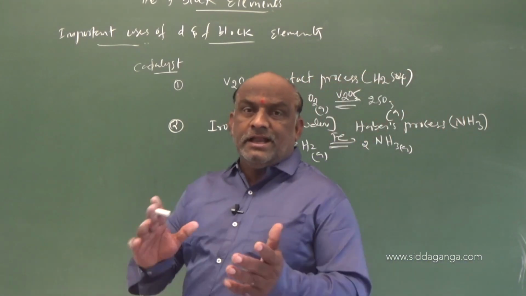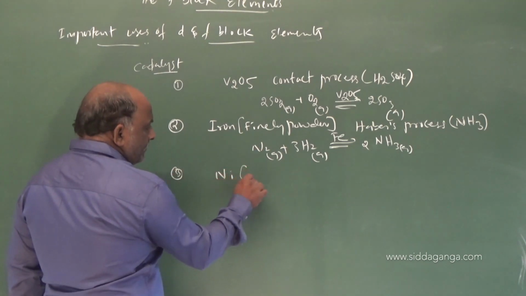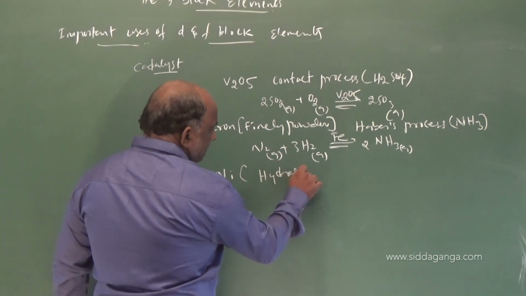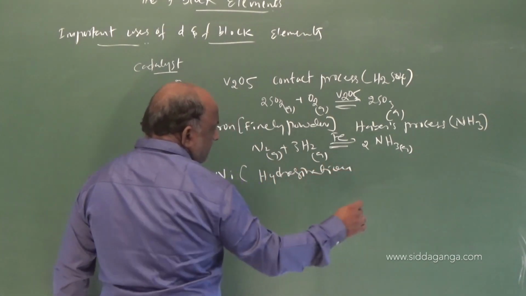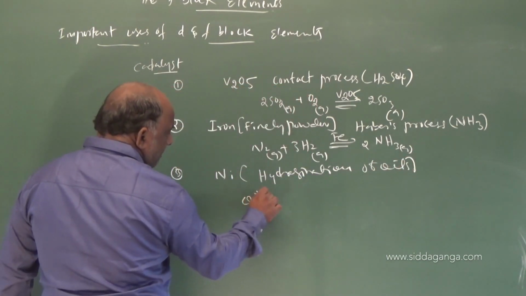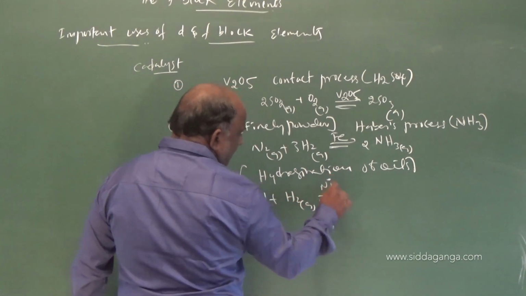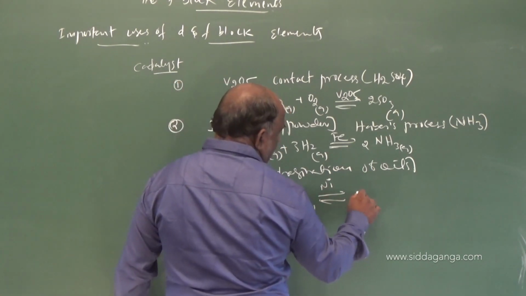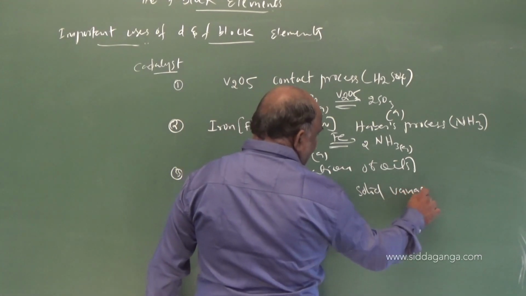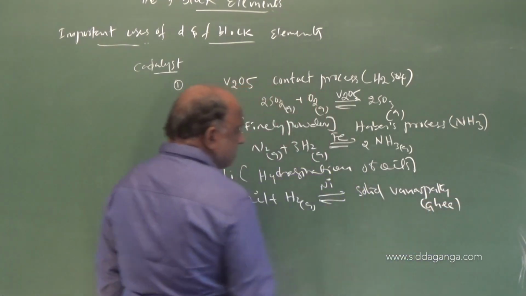Number 3 is nickel. Hydrogenation of oils. So it is oil plus H2 gas in the presence of nickel. The product is solid, which means vanaspati ghee.